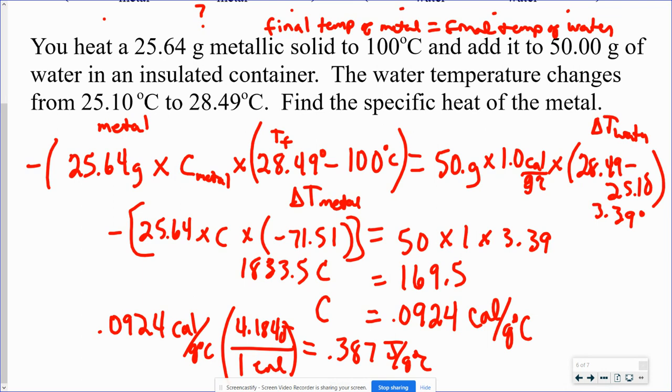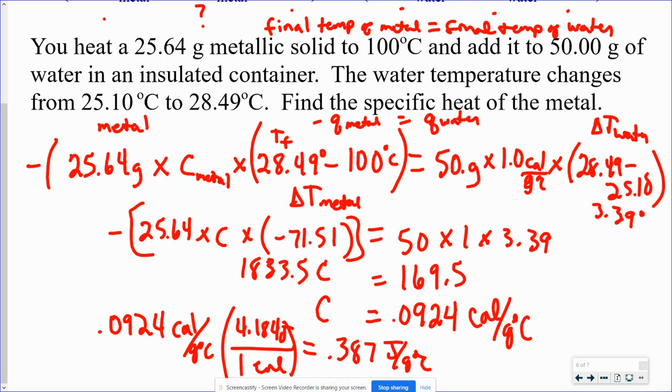Okay, so again, this is a little bit tougher problem, but it's just setting the heat lost by the one substance equal to the heat gained by the other substance. So it's the Q equation twice. Q equals mass times specific heat times change in temperature. Okay, so you're setting minus Q of the metal equal to Q of the water.